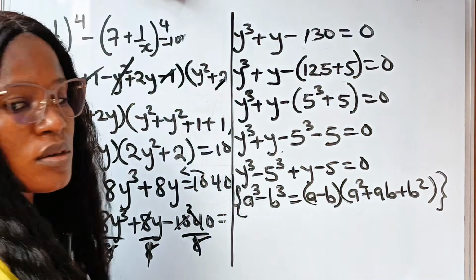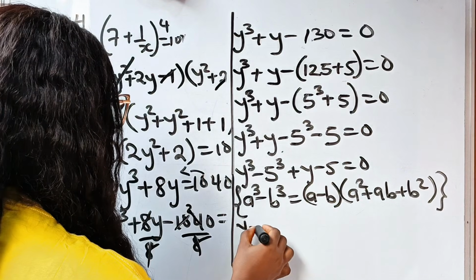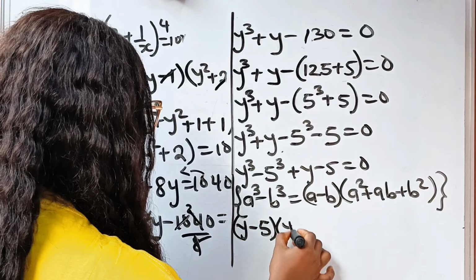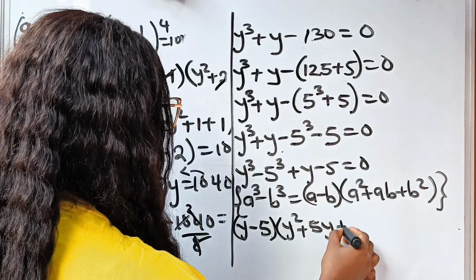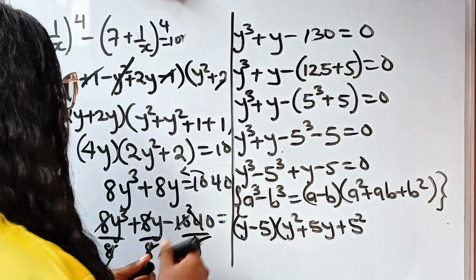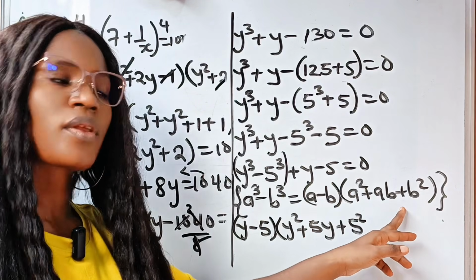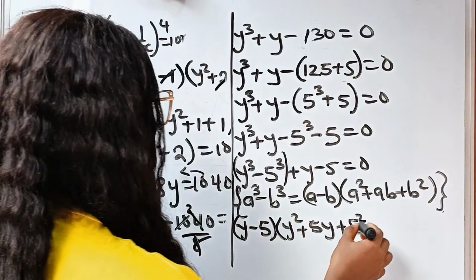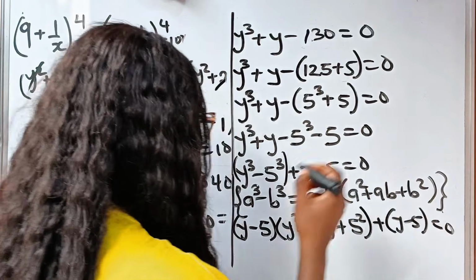Okay, so that means that we can express this as y minus 5 multiplied by y squared plus 5y plus 5 to the power of 2. Okay, that is it for this, using this particular identity. All right, then plus y minus 5 is equal to 0.